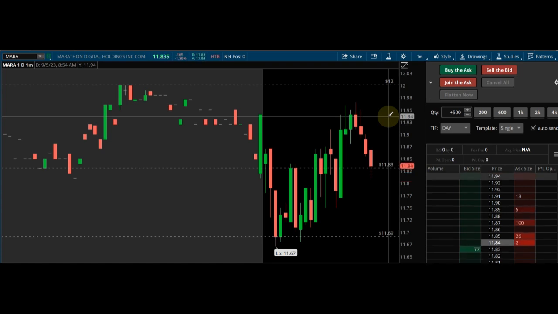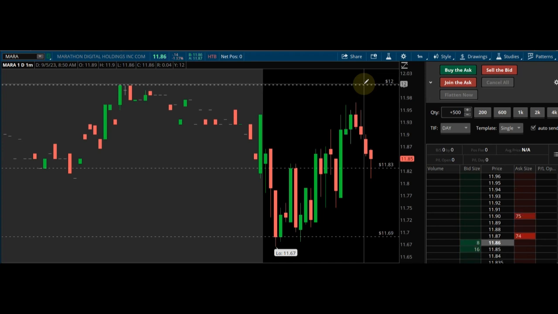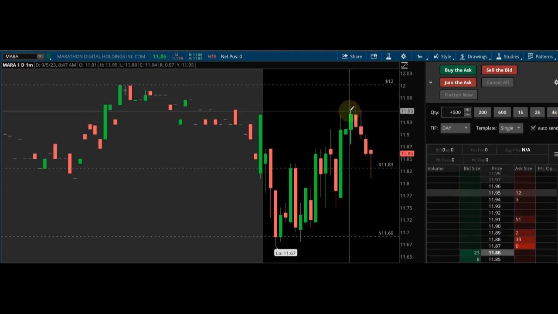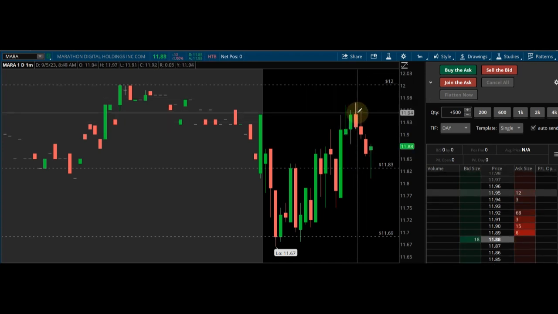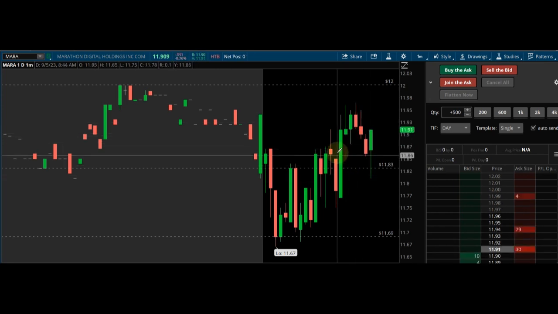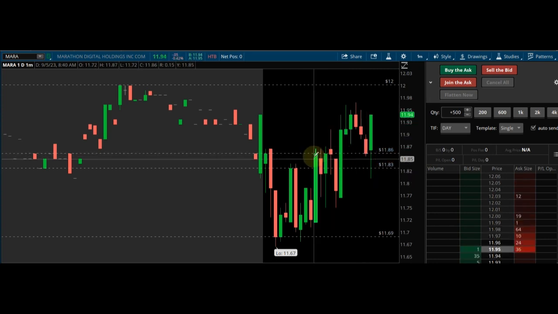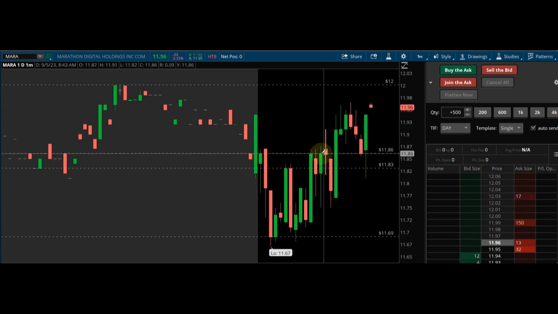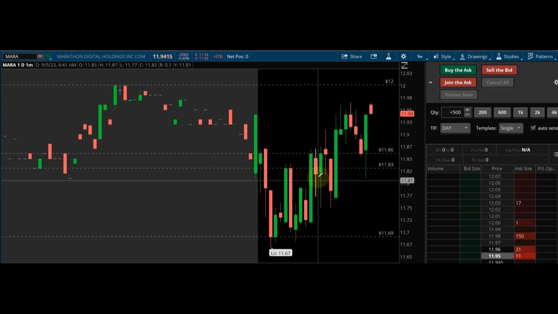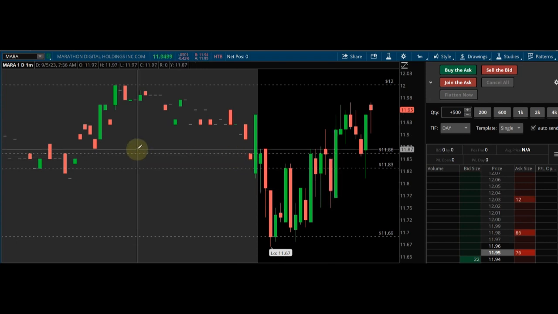You can see the price did not come up here to the pre-market high. It fell short of getting that high and immediately turned around. So right here is probably a level, and the reason I'm going to mark it is because the stock turned around here. It had resistance here, could not get through, and broke back down.